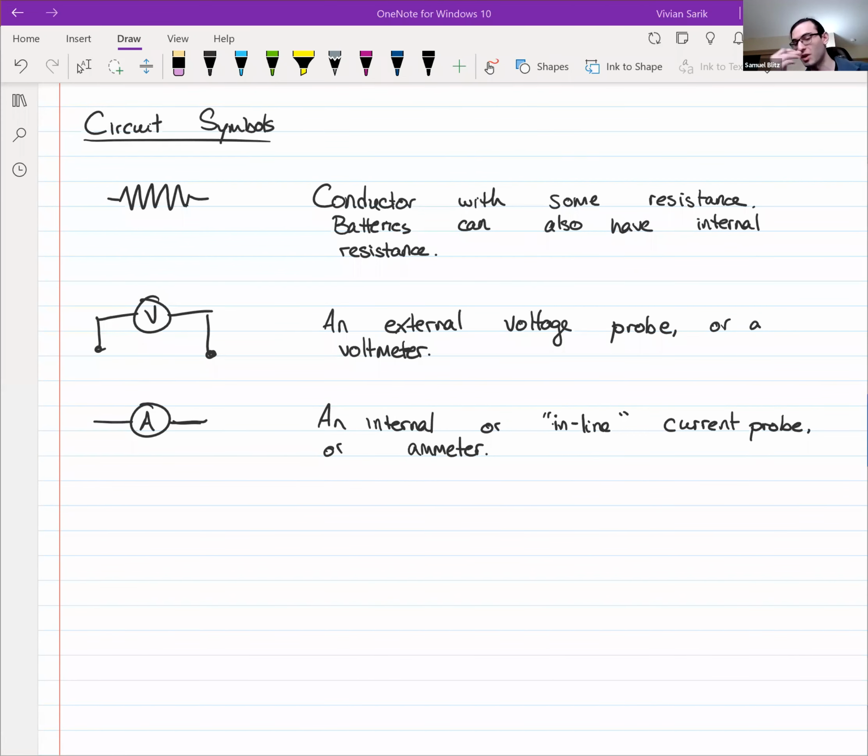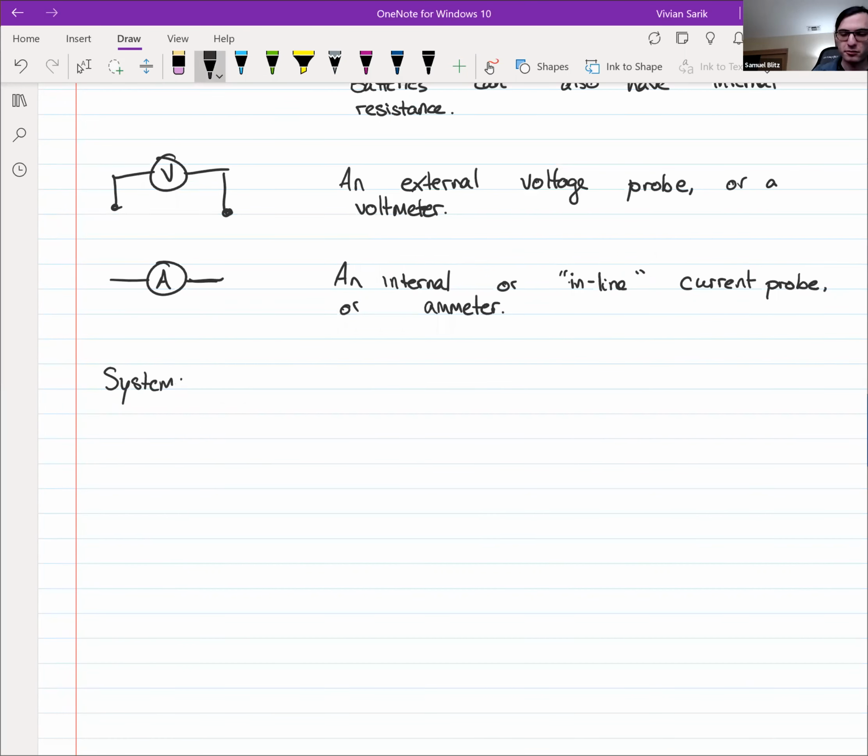But if you have multiple capacitors, you need to figure out a way to analyze that. And we should do the same for resistors. So let's briefly talk about systems of resistors. Hopefully by the end of lecture today, we will get to a very powerful technique that combines these ideas of systems of resistors, systems of capacitors, batteries, and everything.